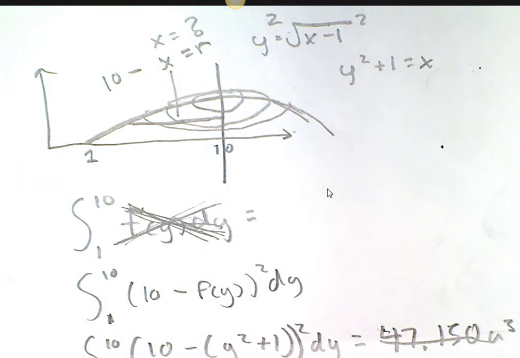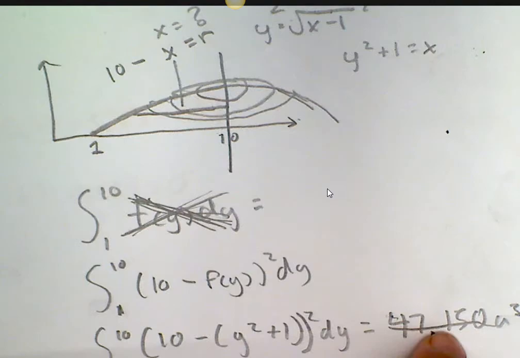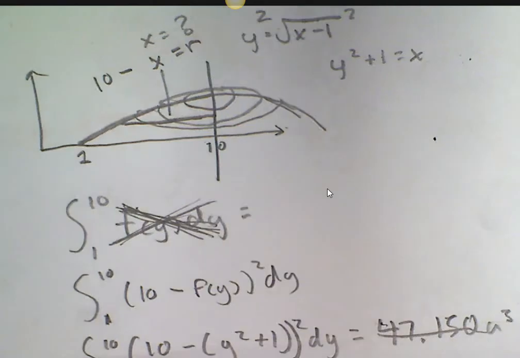So basically, anytime your radius is flat like this, you need to solve for x and then use that for your integral. And this is just a disk method. So you're doing 10 minus your x, 10 minus f of y, boom. And I think I got my decimal off right there.